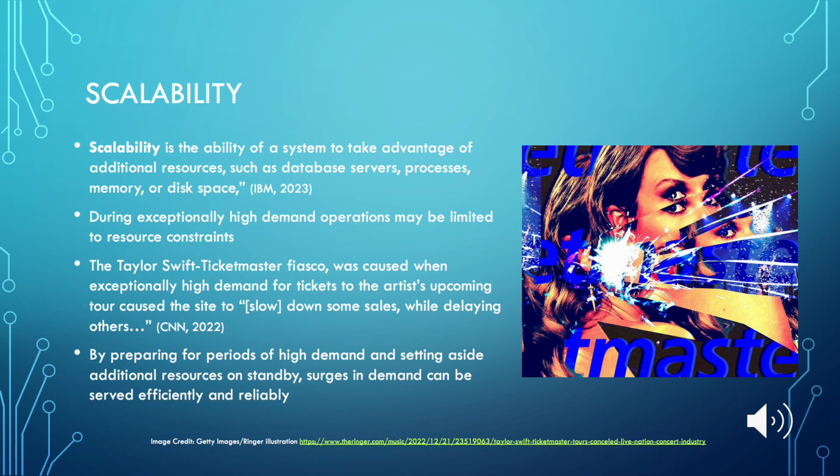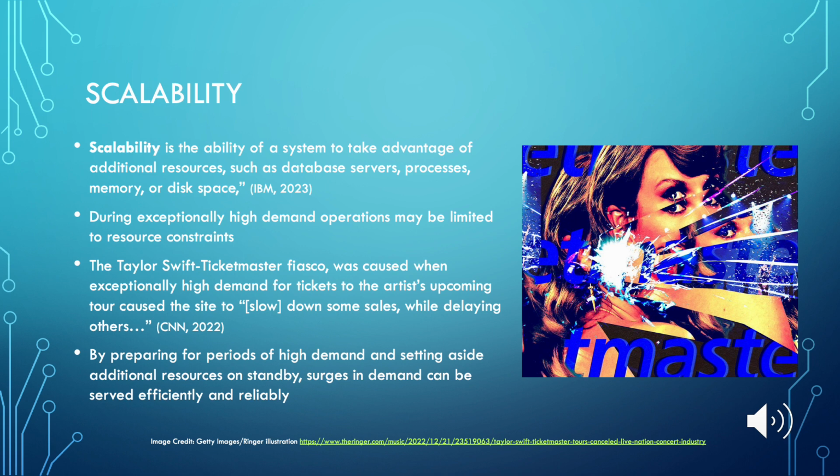Another aspect to consider in terms of overall resiliency is scalability. How fast can your systems respond to demand, or can they respond to demand at all? It's defined by IBM as the ability of a system to take advantage of additional resources like database servers, processes, memory, and disk space.